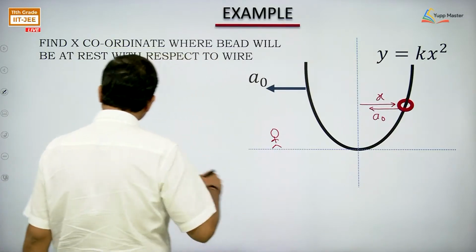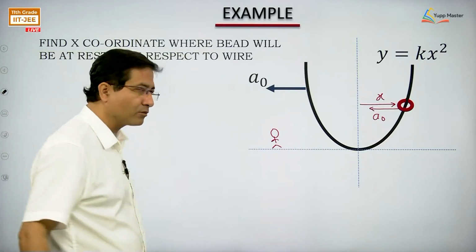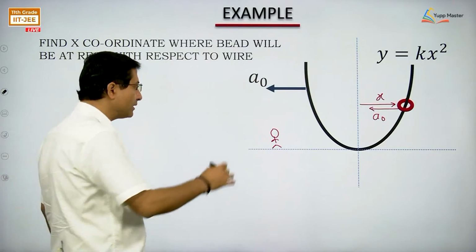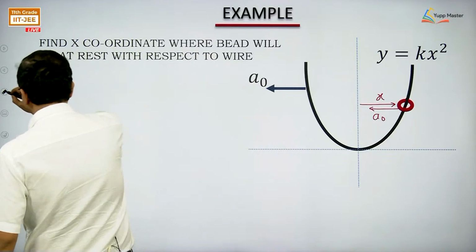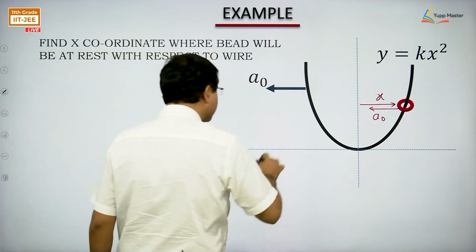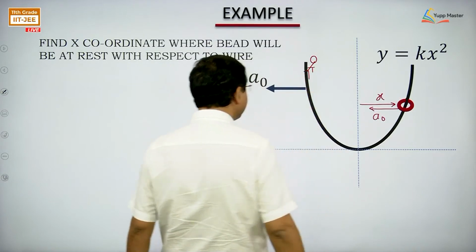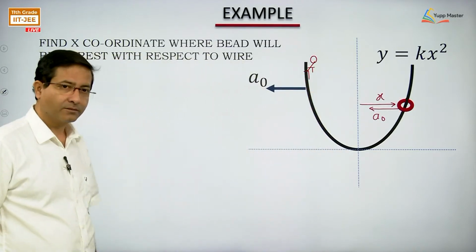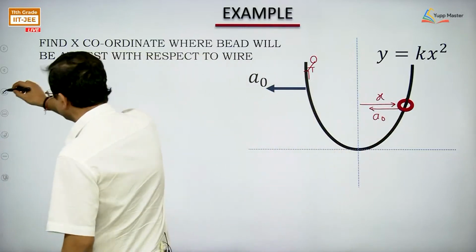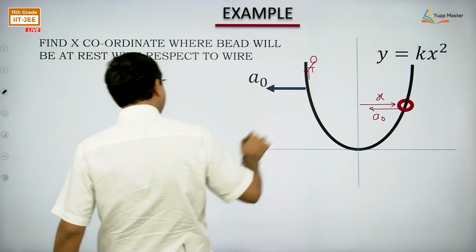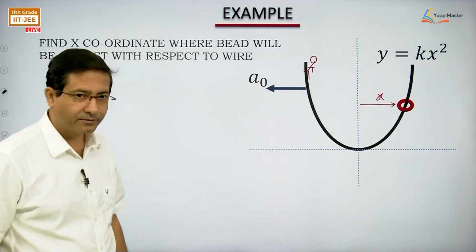So in the y direction I'll apply Newton's first law, in the x direction I apply Newton's second law. Okay, as here we are discussing how to solve problems from a non-inertial frame, instead of taking this observer, I'll take the observer here. So if the observer is here, what is he going to observe? He will observe that the bead is at rest. So for this observer, the bead is not moving, it will be stationary, right?